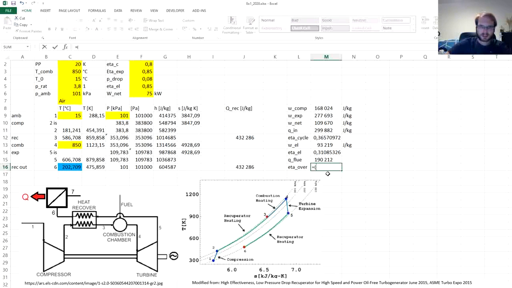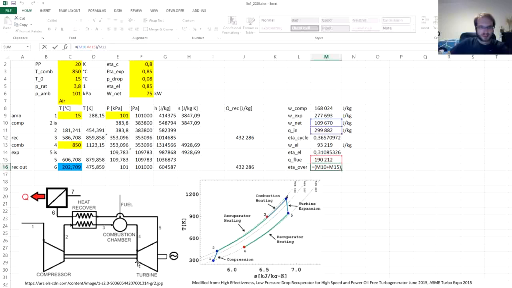So the overall efficiency would be all the outputs, that means just the thermodynamic work output plus the heat in the flue gas divided by heat inlet. As you can see, we indeed get 1.